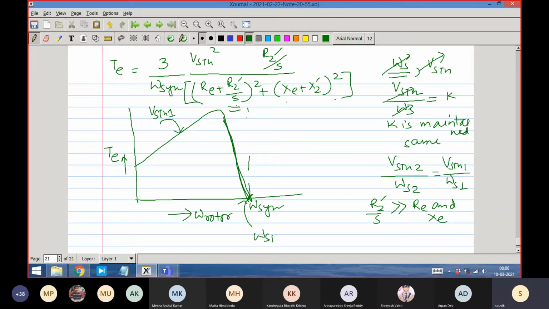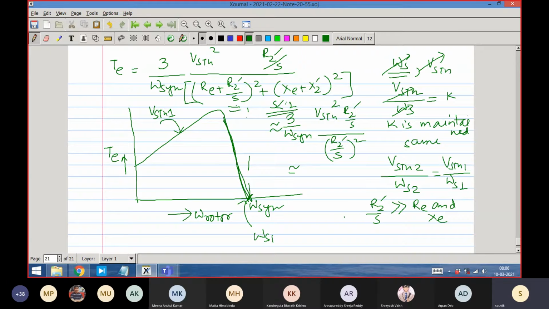in this place I can approximate these characteristics as 3 by omega sin, VSTH square into R2 dash by S, and denominator is R2 dash by S square, right? So this is approximated in that zone when slip is small, let us say S less than 0.1.